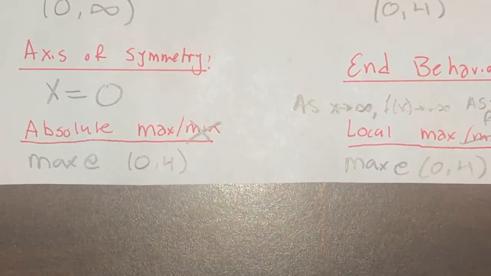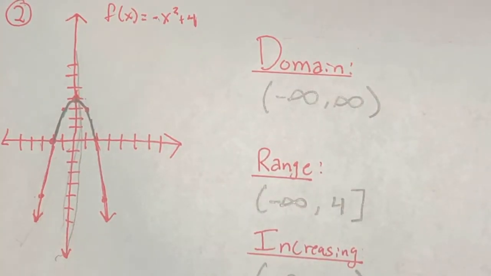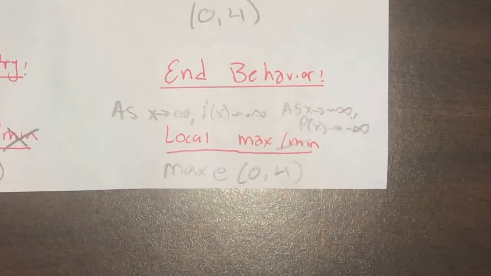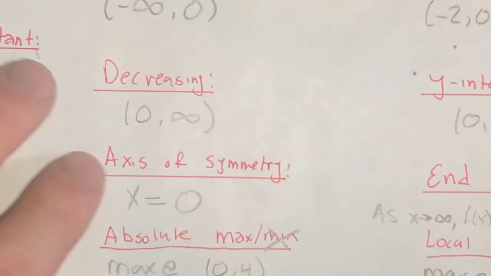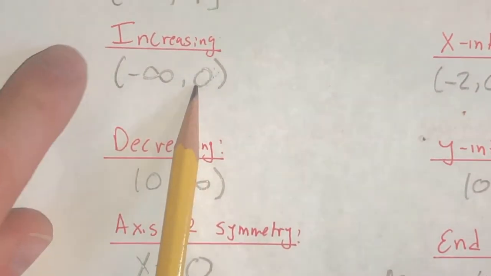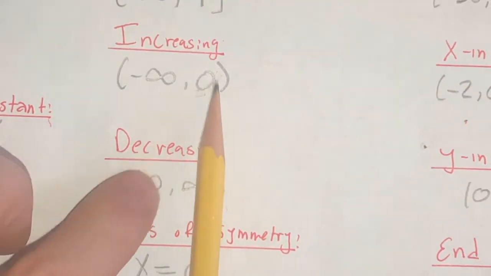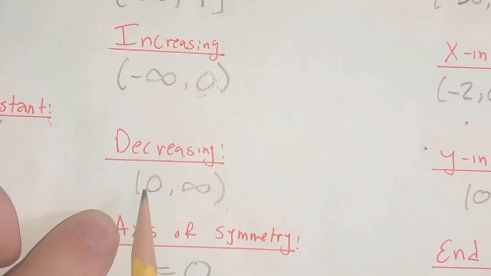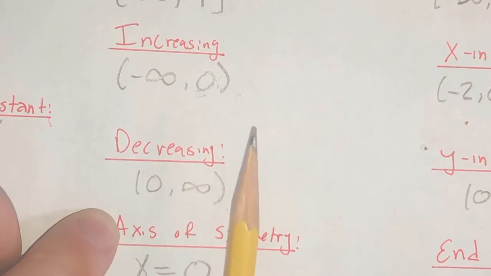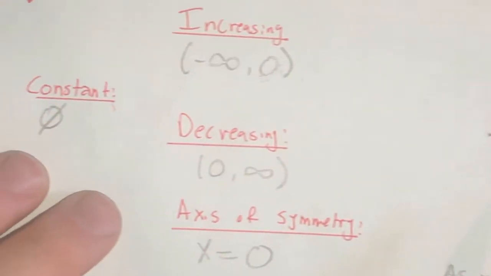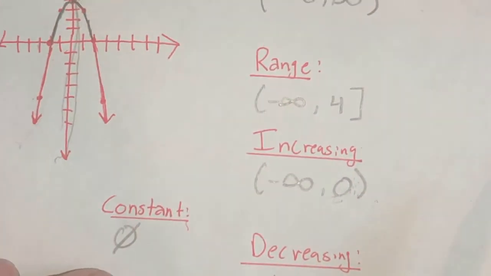An absolute max is the absolute highest point, and it is true that 0, 4 is the absolute highest point. However, we also defined a local max to be any point where we go from increasing to decreasing. Observe how at 0, we go from increasing to decreasing. Notice how my local max is reflected in my increasing and decreasing intervals. So that's actually okay to have it set up that way.